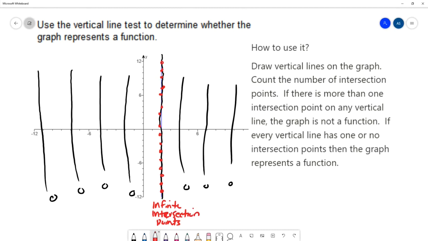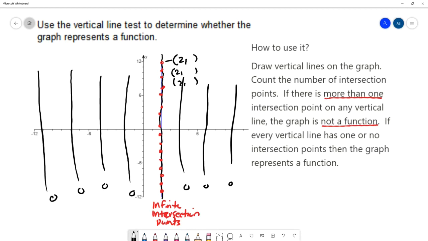So just read this part again. If there is more than one, it is not a function. We have infinite, which is more than one, and that's not a function. So if you think about these ordered pairs, all of these ordered pairs are 2 comma something.